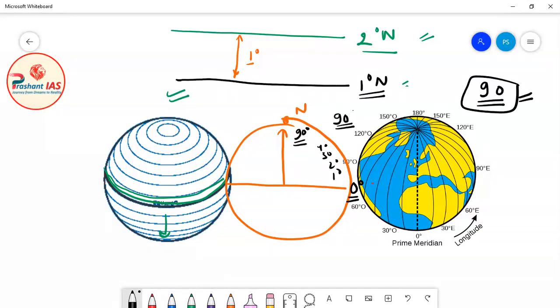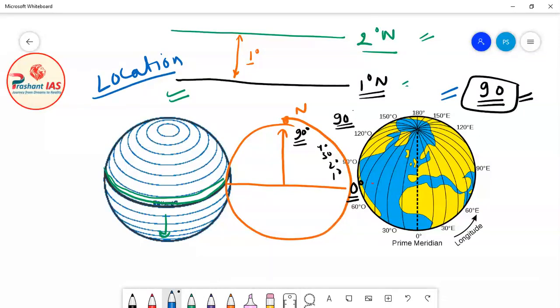So what happens, friends, if we take into account only these 90 parallels of latitude in one hemisphere, we will only be able to catch the location of some places, and we will miss the location of many places.